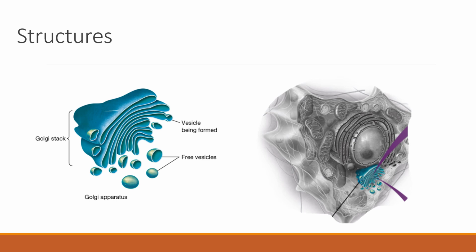The Golgi apparatus is described as having three sections: the cis, trans, and medial Golgi. The cis Golgi faces the endoplasmic reticulum back here, or the top portion if you want to look at it from that way. The trans Golgi faces the plasma membrane at the bottom of this image here, and then the medial Golgi is in between the cis and trans Golgi.